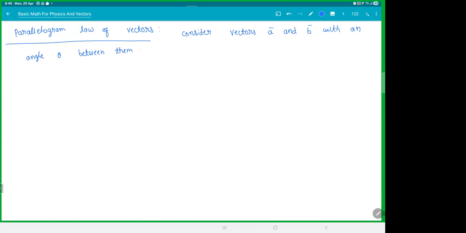Remember, we can always move the vectors parallel to themselves and nothing changes. So we can actually move these vectors, creating a parallelogram. Parallelogram. So it's a quadrilateral with parallel sides. So this is how we do this thing.